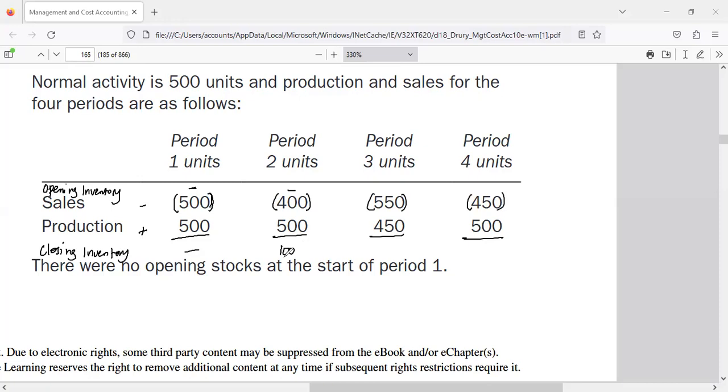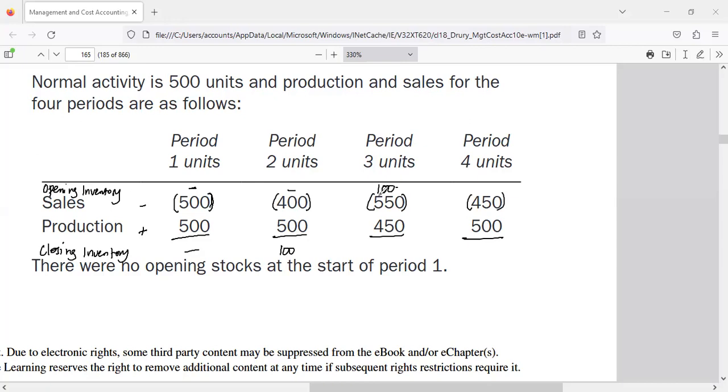Then period 3, this closing inventory of period 2 becomes the opening of period 3. So we put that opening inventory up there in period 3. To mean that in period 3, you have the opening inventory from period 2. That is 100 plus the units produced 450. So you have 550 units available for sale.